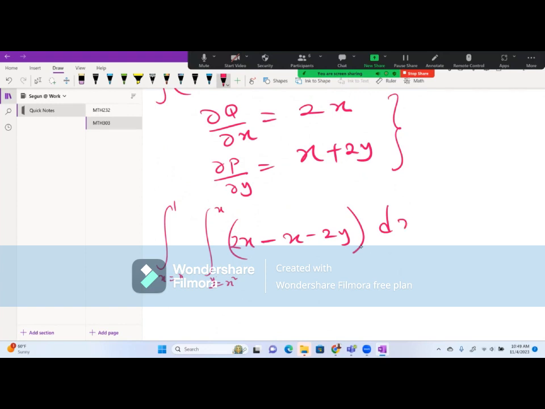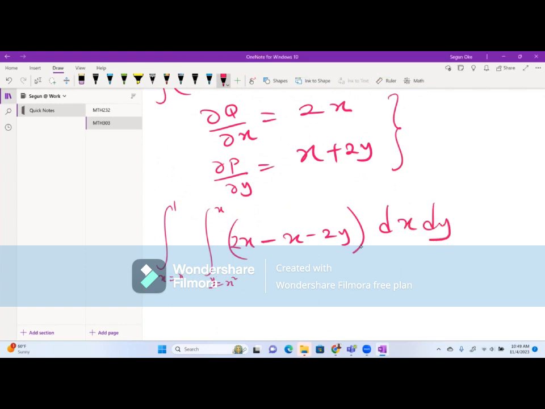Now the dx dy. So we can first of all solve our y as usual. But before then, I can reduce this one by saying x equals 0 to 1, y from x squared to x. 2x minus x, you have x minus 2y, dy dx.